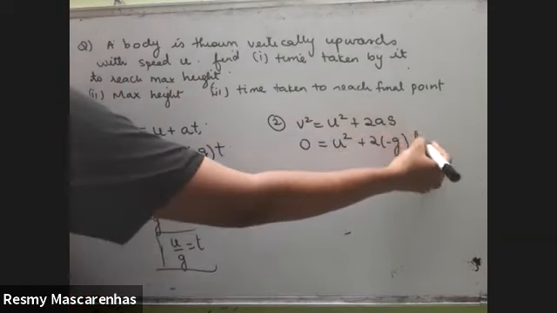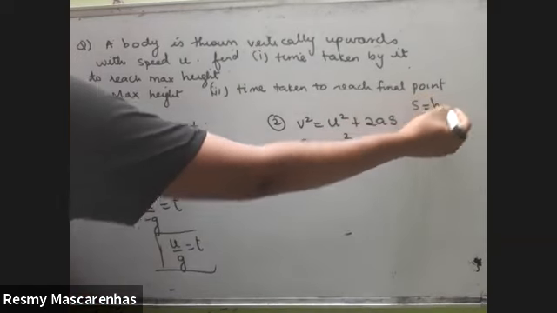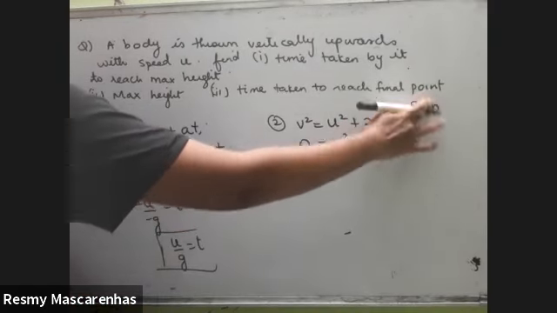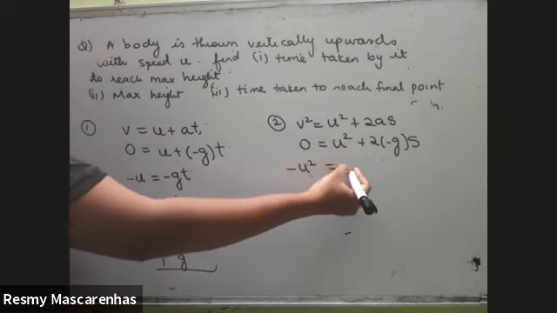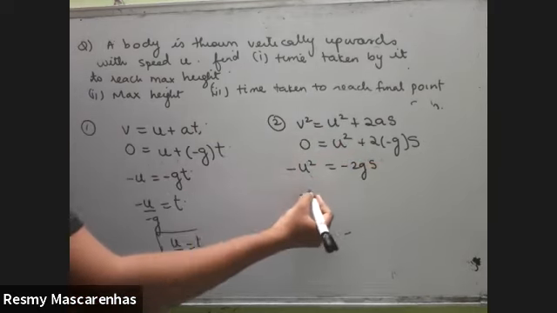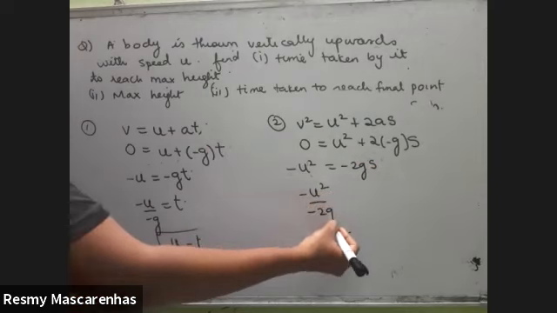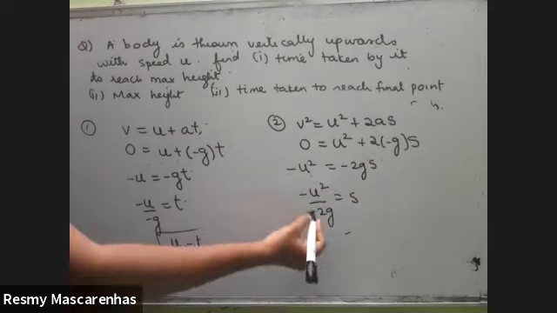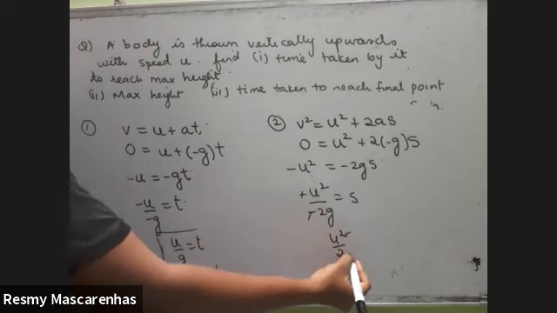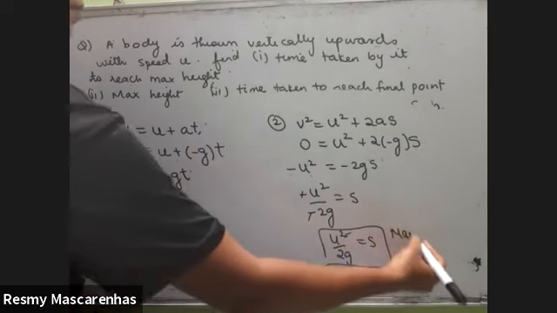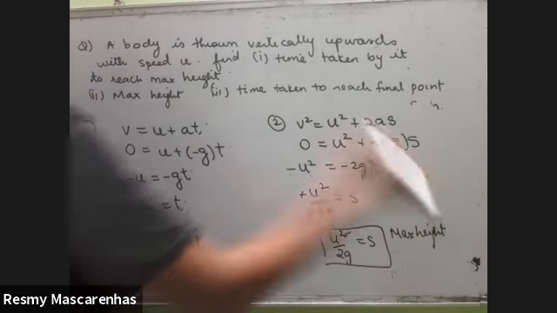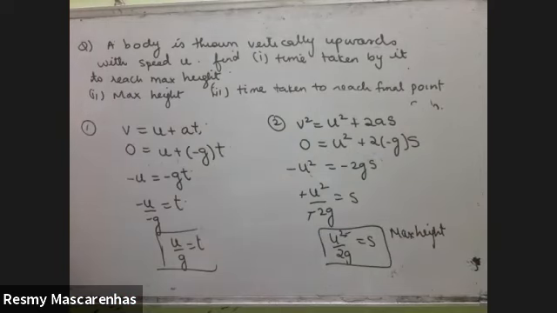And this is the height. I'm just taking it to be h, or you can keep it as s only, no problem. I want to calculate this distance. So this one will become minus u square. Minus u square upon minus 2g will be your answer. So minus minus will cancel. So this is your maximum height. Whenever you calculate maximum height, v is always 0.